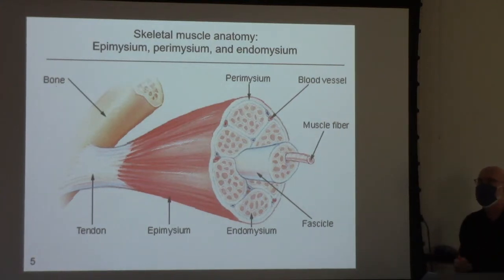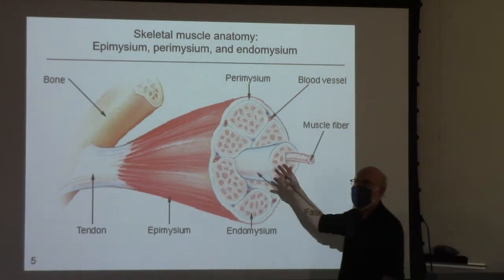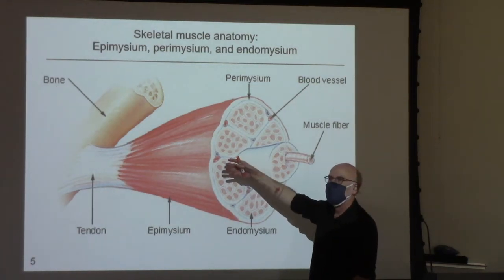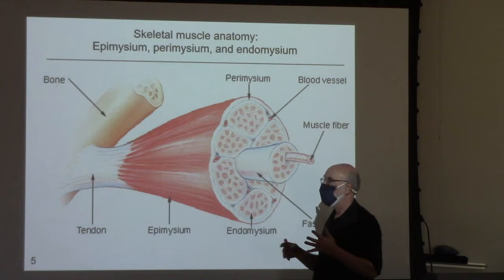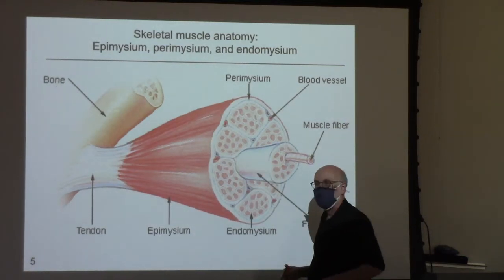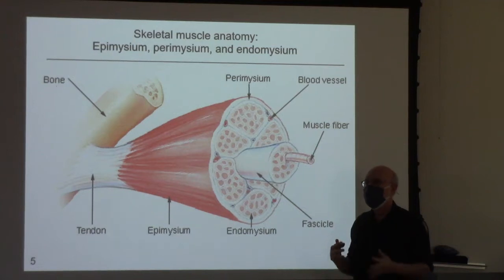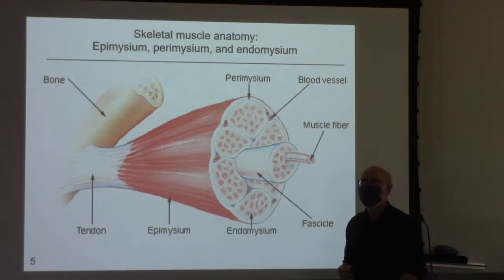If you injure a muscle and you tear a muscle, you're injuring all of that. And then you're also injuring blood vessels. And that's what leads to a bruise, or that's what leads to pain and healing if you extended a muscle beyond its abilities.